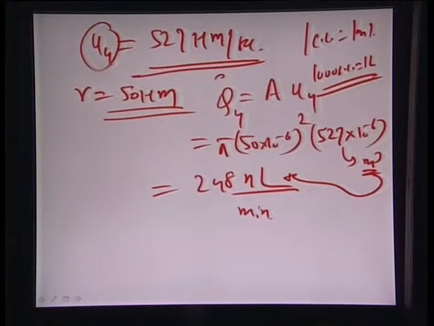Okay. So, that is in a nutshell what the volume flow rate would be. So, you again find out that this volume flow rate of a couple of nanoliters per minute is a very small quantity, as is characteristic of these alternate mechanisms of microchannel flows.